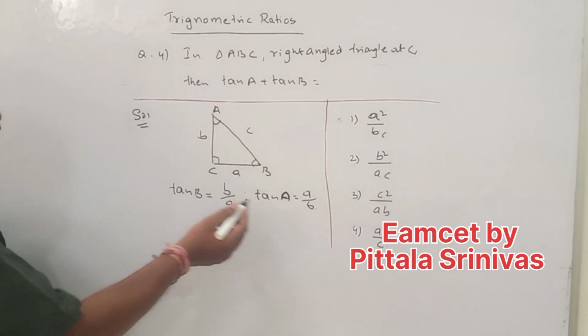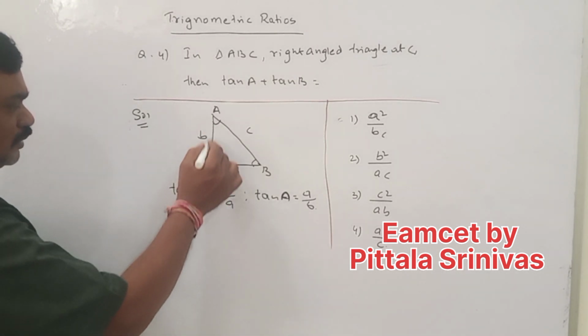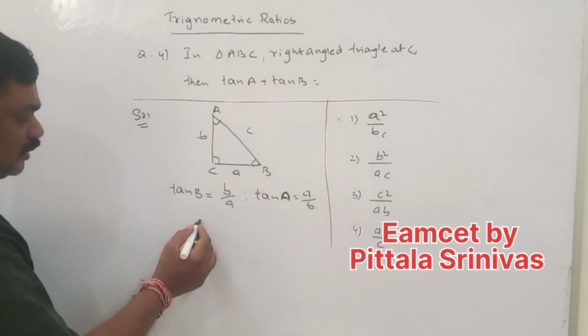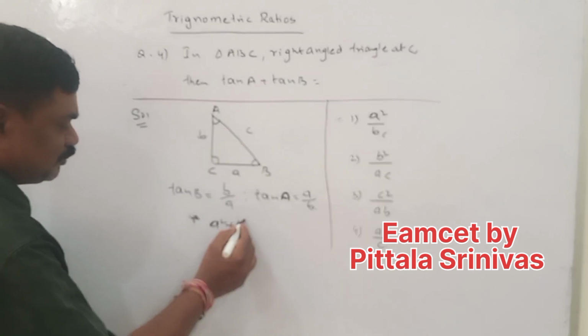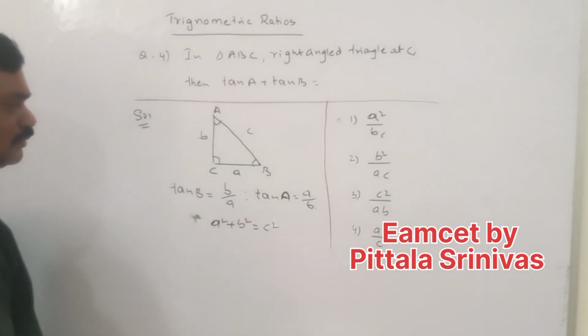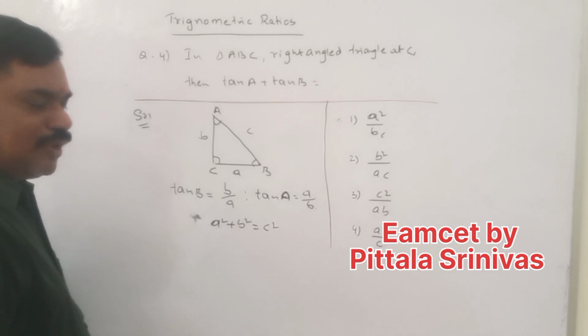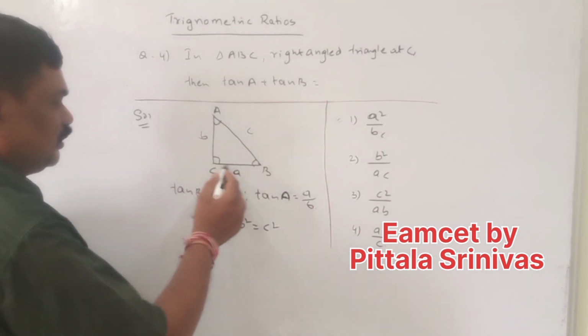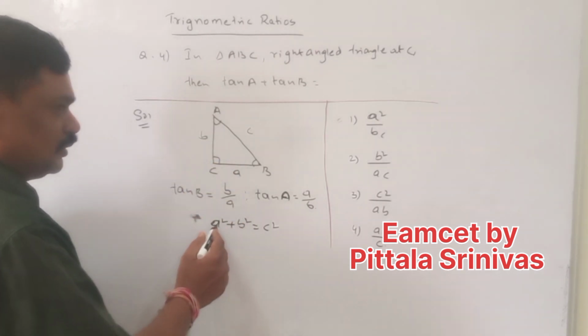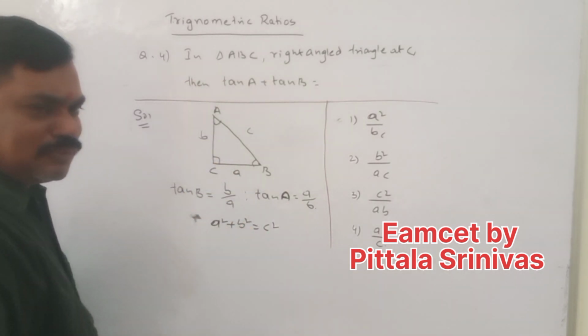Tan B is equal to this one. And also this is the right angle triangle, then we have a square plus b square is equal to c square. Why? Because AB is the hypotenuse opposite to the right angle. Then this is the side, this is the side. a square plus b square is equal to c square.